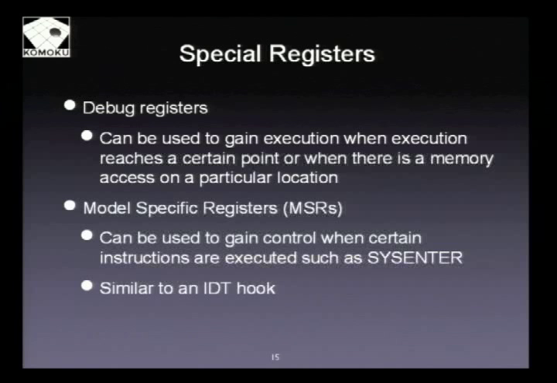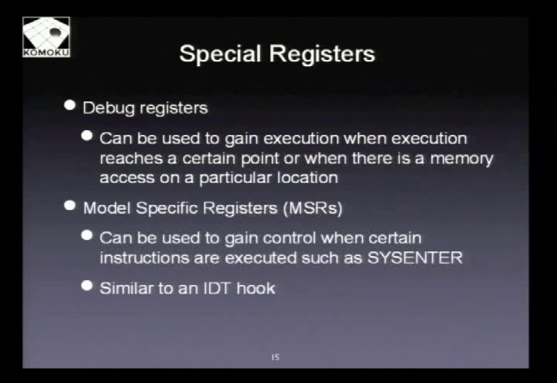Special registers, you can set up debug registers so that when memory is accessed or a certain instruction is executed at an address, you'll break into your debugger. The rootkit can set up its own debugger and get called that way. There's also the model-specific registers in the more recent architectures from AMD and Intel.